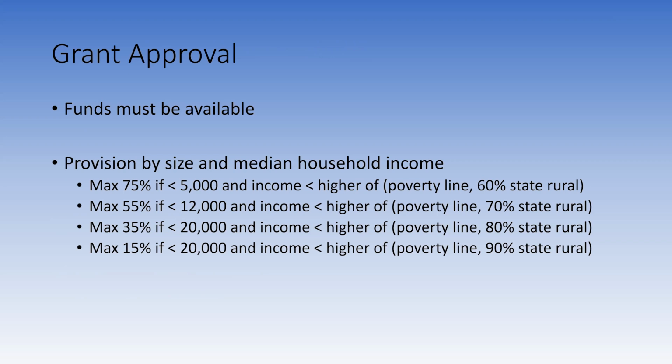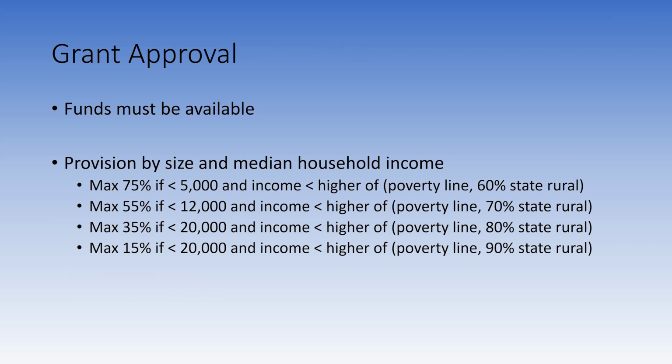Grant funding is a maximum of 75%, which is quite a large amount, if the community is 5,000 or less than 5,000 in size, and the median household income of that community is less than the higher of the federal poverty line, or the 60% of the state rural median household income.